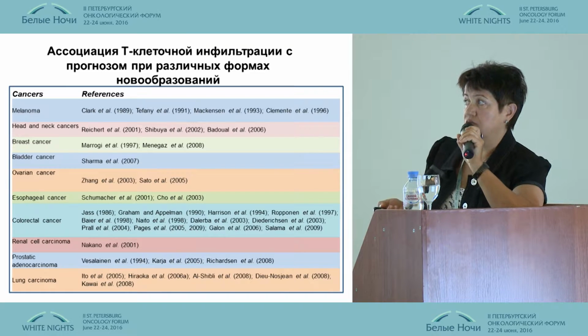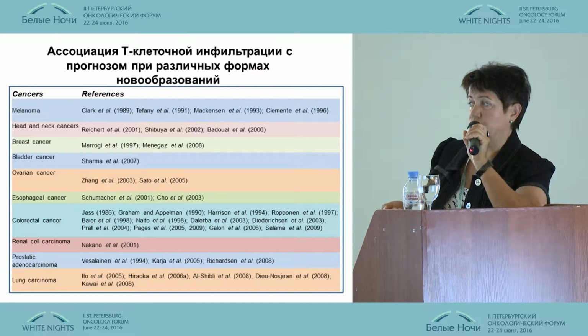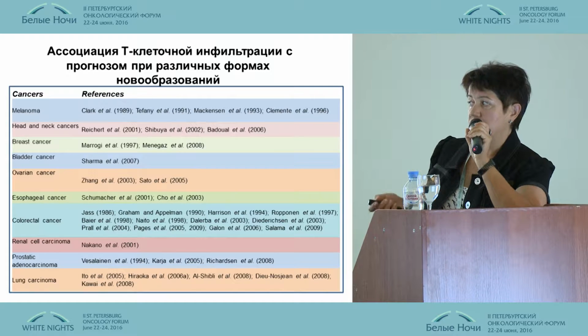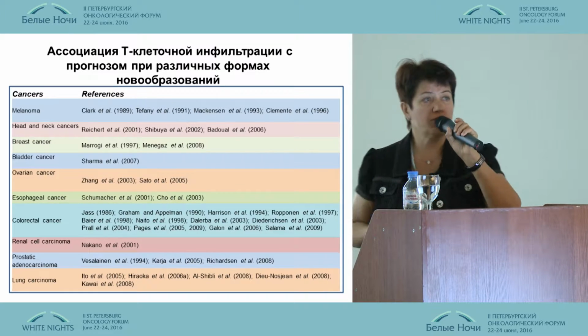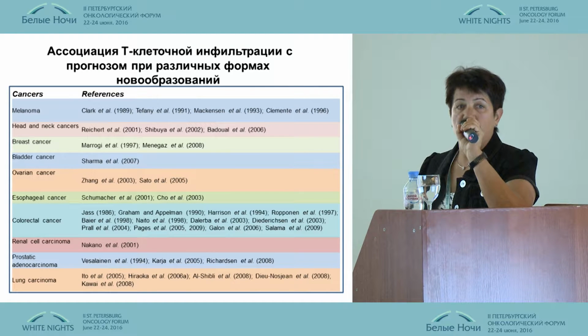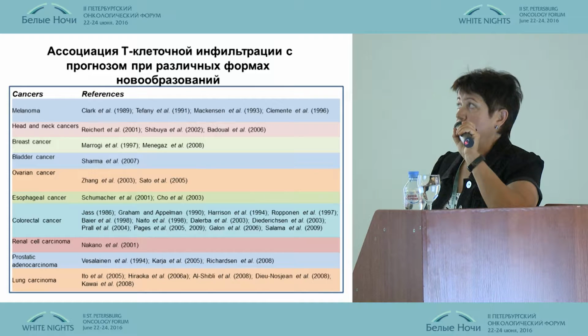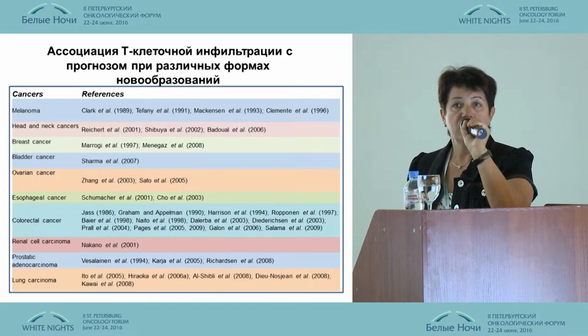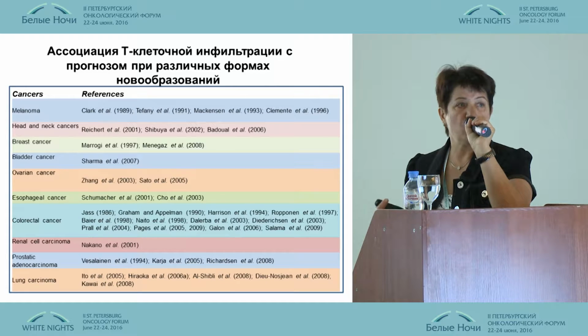In patients with different nosologic cancer, such as melanoma, head and neck cancer, breast cancer, bladder cancer, ovarian cancer, esophageal cancer, colorectal cancer, renal cell carcinoma, prostatic adenocarcinoma, and lung carcinoma, T-cell infiltration is associated with positive forecasts.